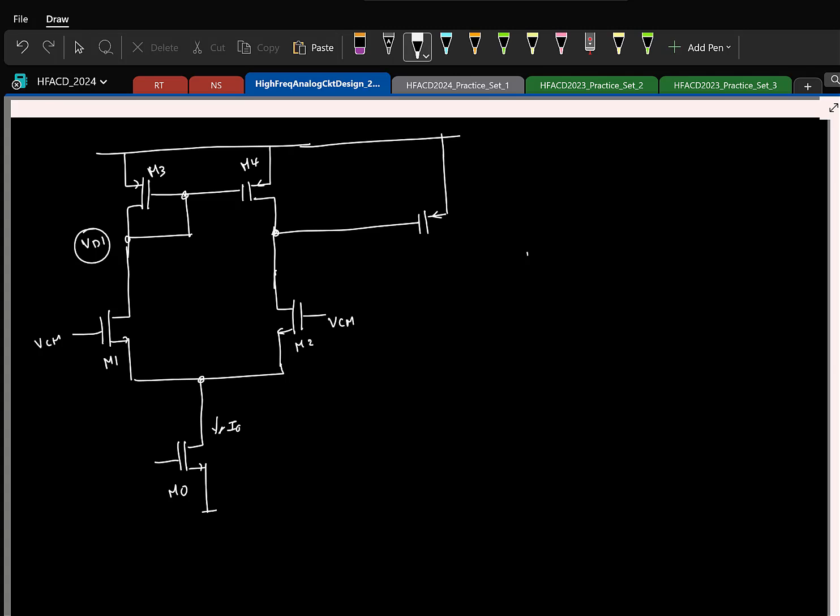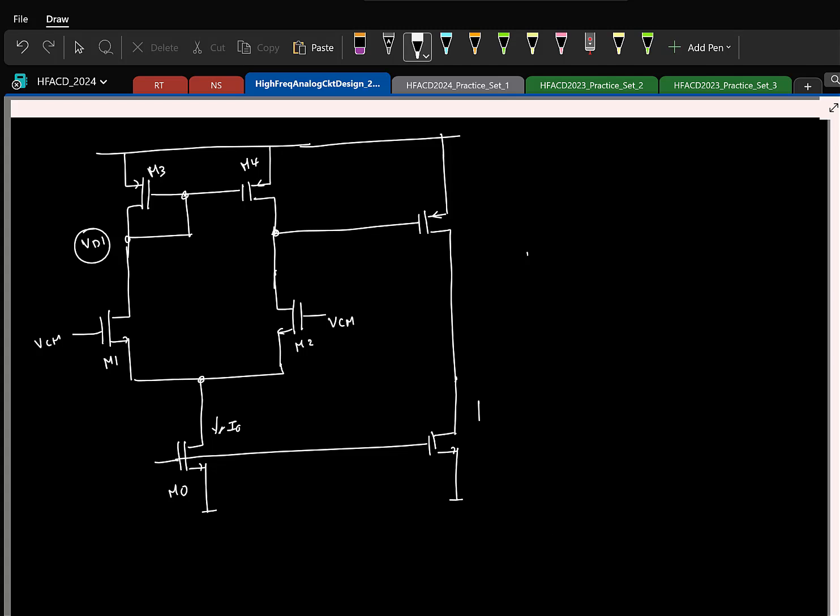So I have the PMOS as the common source here, and ideally you want to have a current source. But how will I realize this current source? I'll have to use a transistor. Which transistor? NMOS. So I can use an NMOS here and mirror the current from this one.